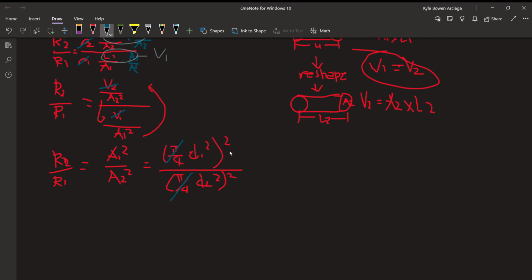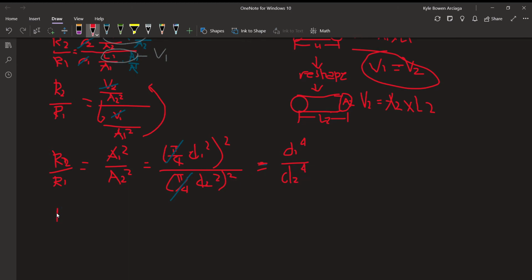When you distribute the exponent to pi over 4 quantity squared, it still cancels as a constant. Therefore, the equation would be d1 squared times 2, that is 4, over d2 to the 4.